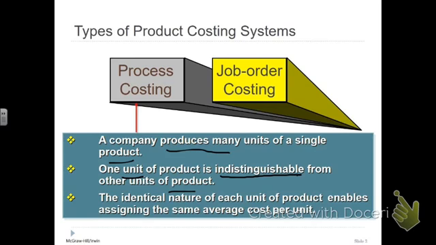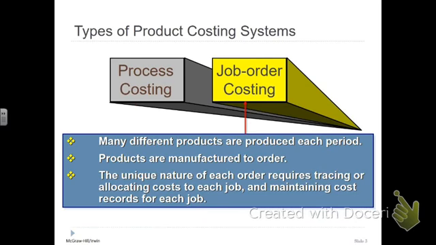What this chapter and the next chapter talk about is what we call job order costing, where many different products are produced each period. Products are manufactured to order, and each one requires tracing of costs. If you ever work in a law firm, they trace every cost to a particular lawsuit or client.